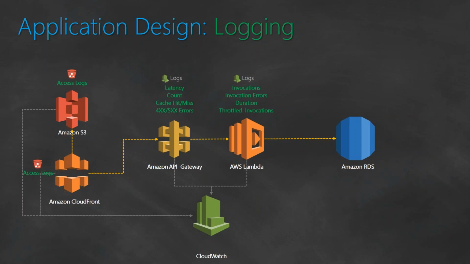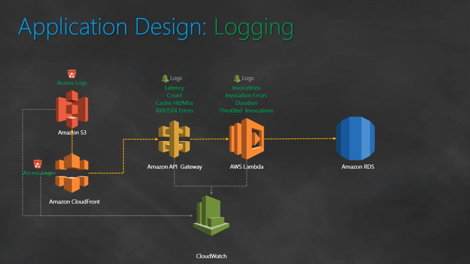I also wanted to know how long my Lambda functions are running, to see whether I have over provisioned or under provisioned my resources in Lambda. The other Lambda log that I wanted to collect was throttled invocations, because my gateway is open to the world. I wanted to know if my gateway is being throttled or if my Lambda functions are hitting the throttling limits that have been set up, so that I can change the concurrency and scale up my Lambda functions appropriately.